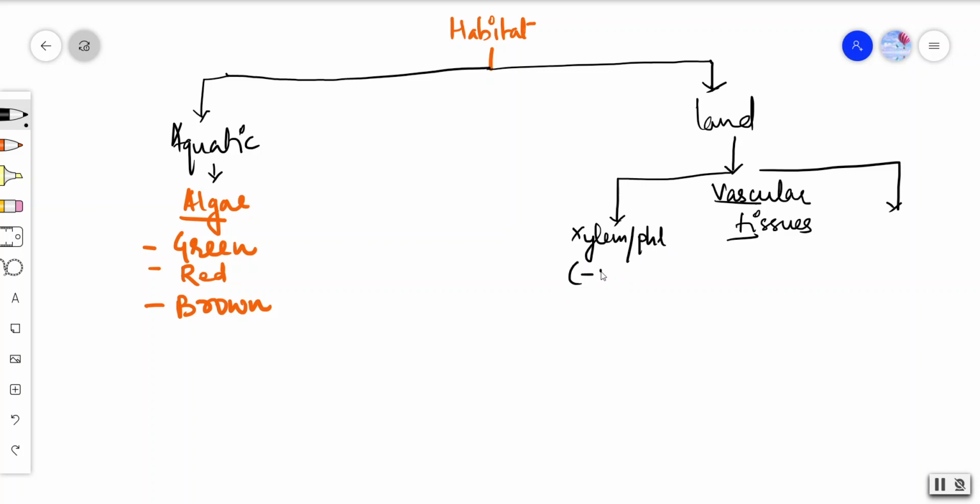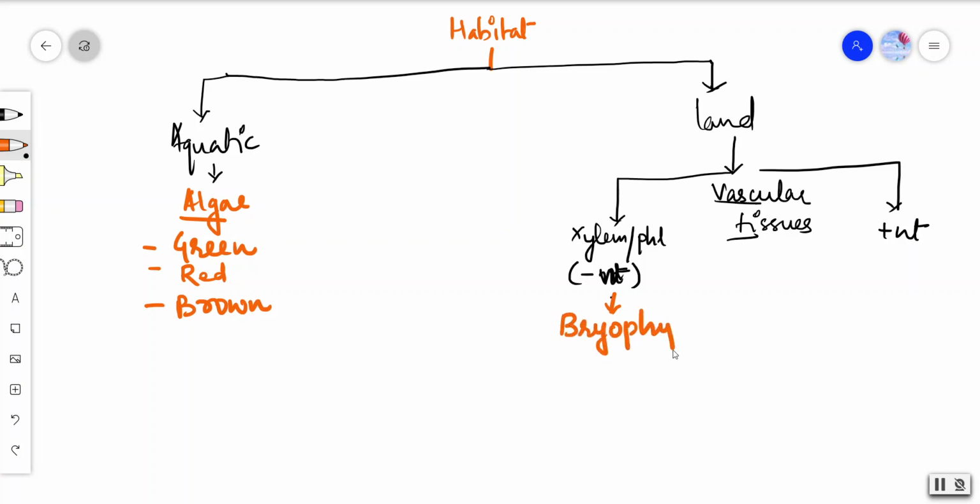Plants which have xylem and phloem, and which do not. So this division does not have xylem and phloem.